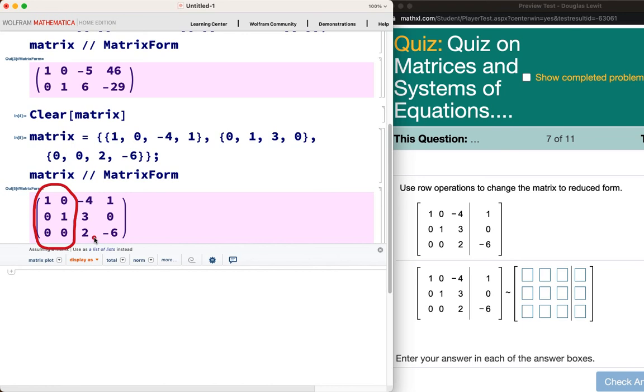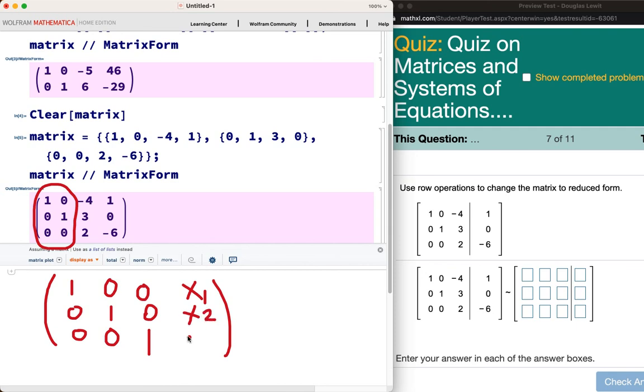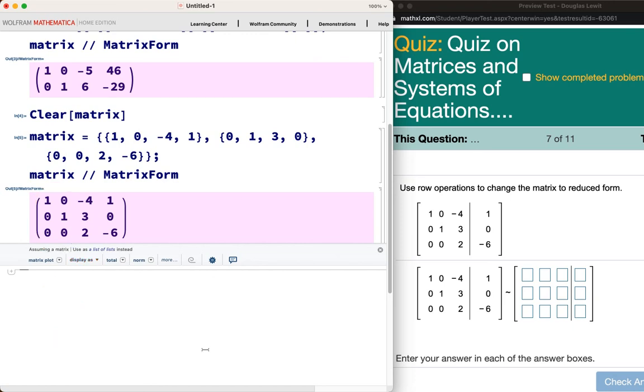However, the third column needs to be reduced, which means what I'm really looking for is a matrix that looks like this: 1, 0, 0, 0, 1, 0, 0, 0, 1. And then these are going to be numbers, x1, x2, x3. So we have to decide what those numbers are.